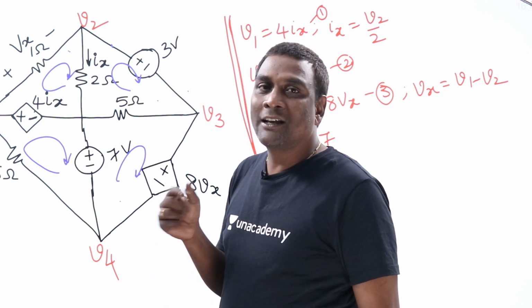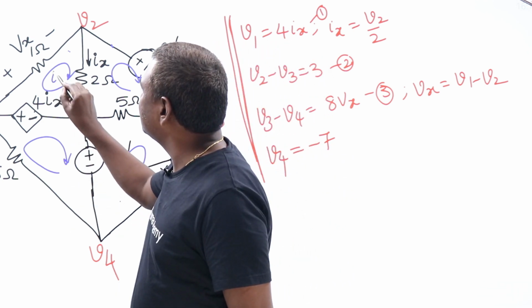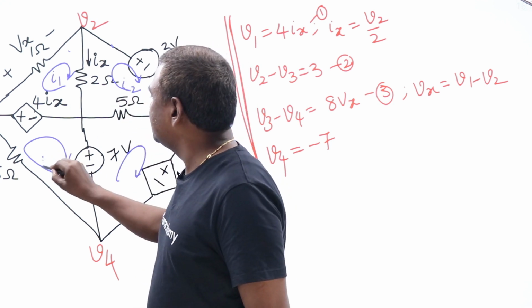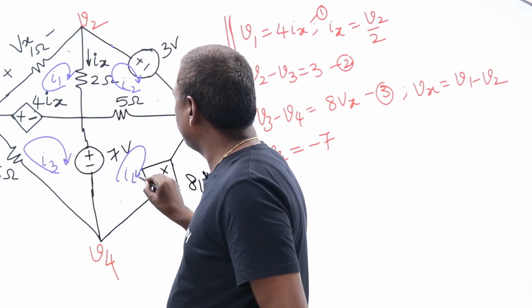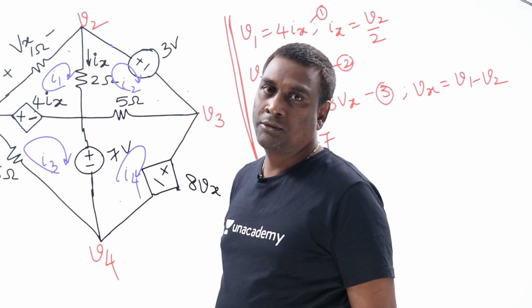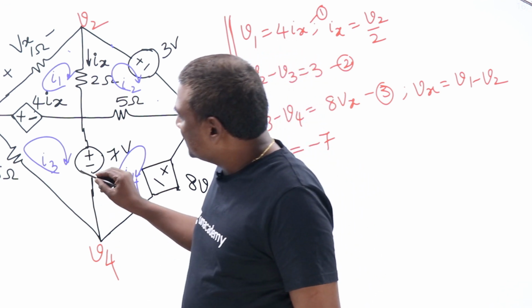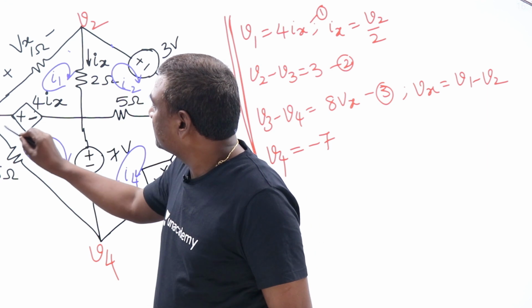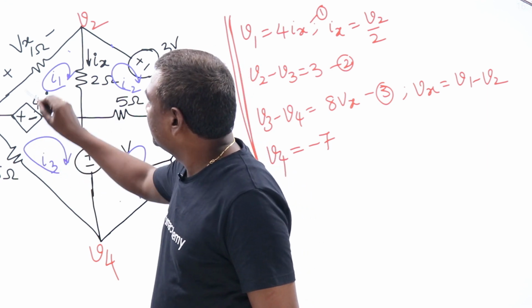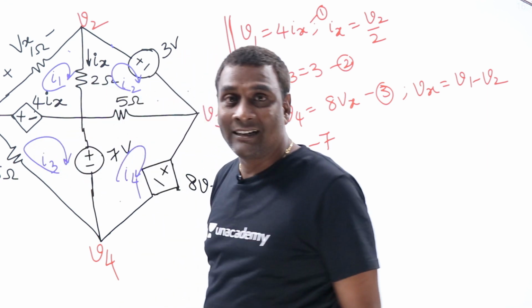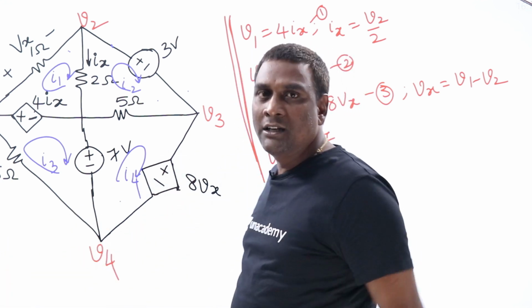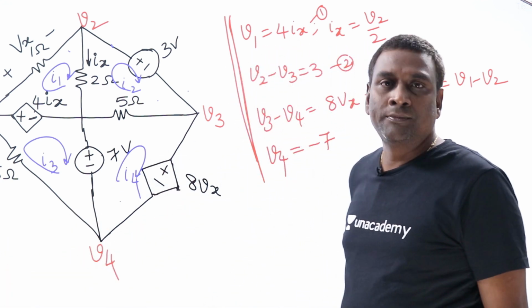Meaning that currents are going to be independent variables. I can say this as I1, this as I2, this as I3, this as I4. Now everywhere you will be able to write the equations directly, but 4 equations of this much length will come, and we will not be able to solve soon.